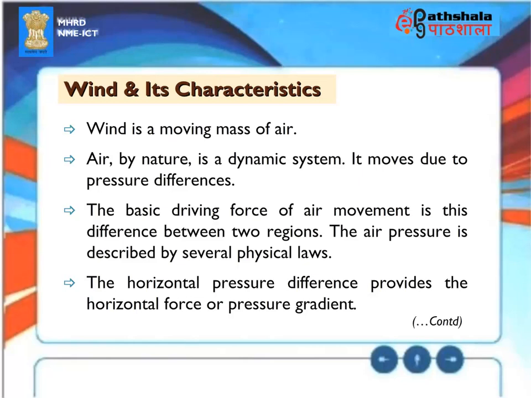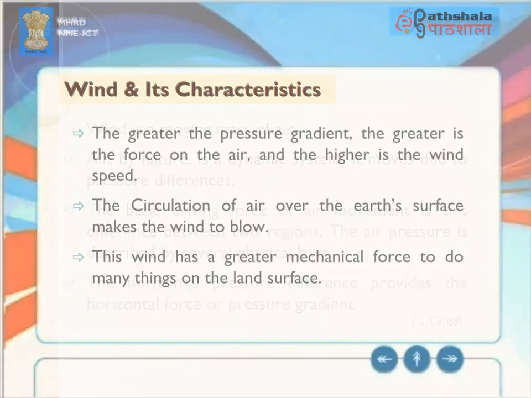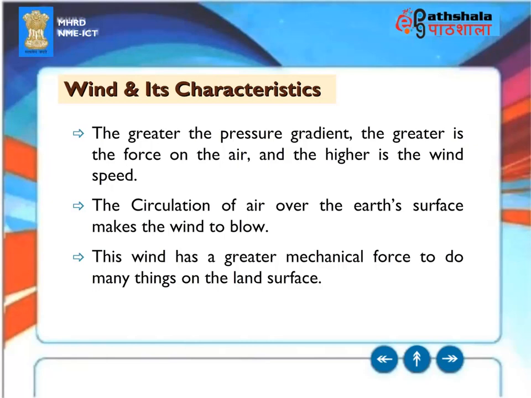The horizontal pressure difference provides the horizontal force or pressure gradient. The greater the pressure gradient, the greater is the force on the air, and the higher is the wind speed. The circulation of air over the Earth's surface makes the wind blow. This wind has a greater mechanical force to do many things on the land surface.